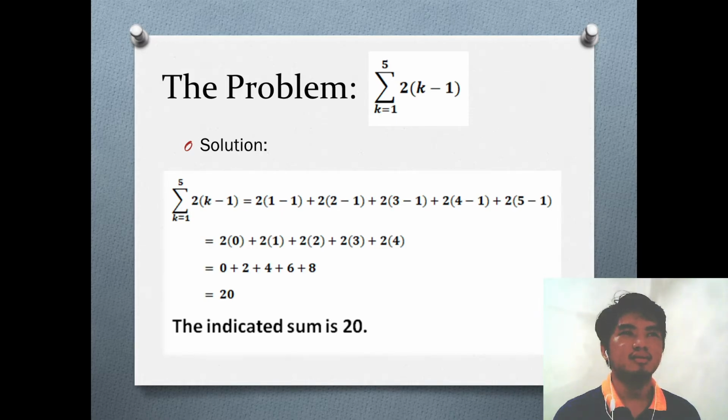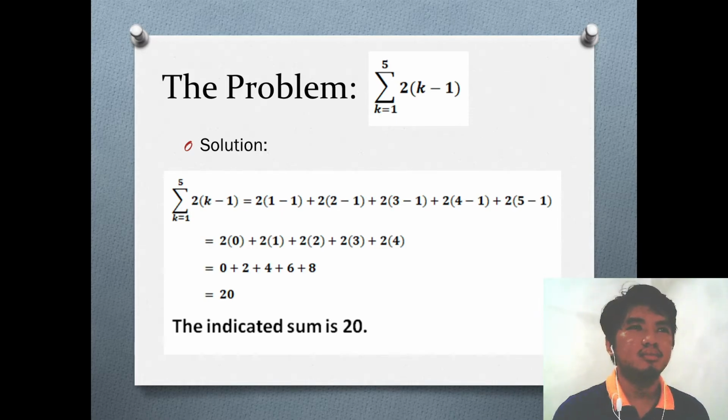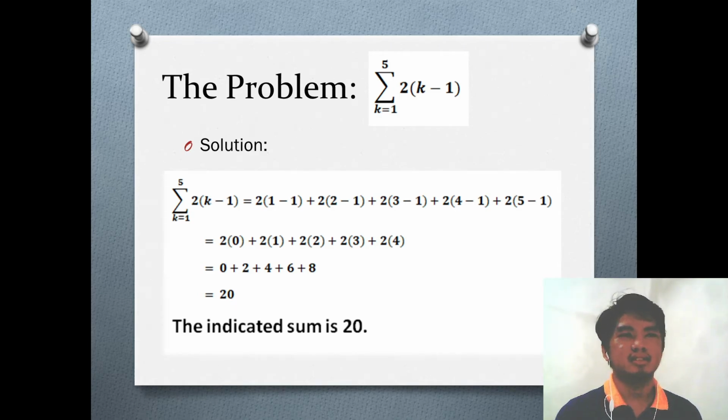So we're gonna first solve the numbers inside the parentheses. So 1 minus 1 is 0, 2 minus 1 is 1, 3 minus 1 is 2, 4 minus 1 is 3, and 5 minus 1 is 4.